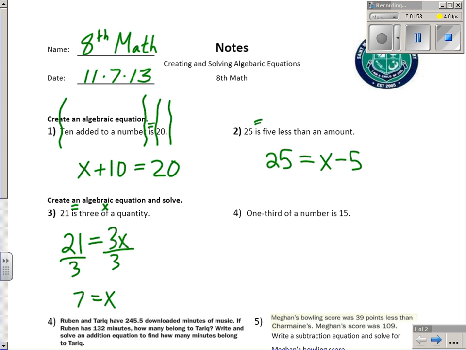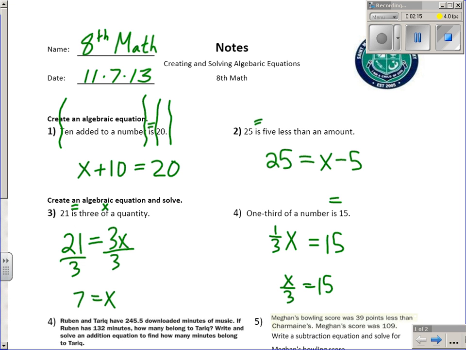And then example number 4, 1/3 of a number is 15, so something is going to be equaling 15, and that something is 1/3 of a number. So here's our number, and that's one way to represent a third of a number, or it could be written as x divided by 3 equals 15.